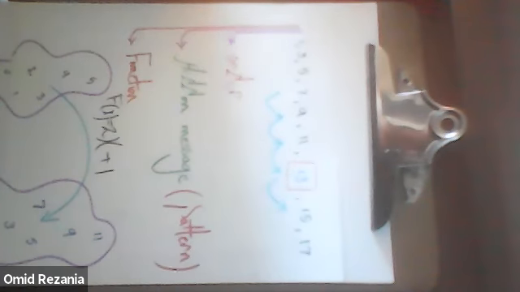A is going to be a general name for any element in our sequence. For example, A1 is the first element, and A2 is the second element. Then I'm going to call A sub n, which equals 2n plus 1.